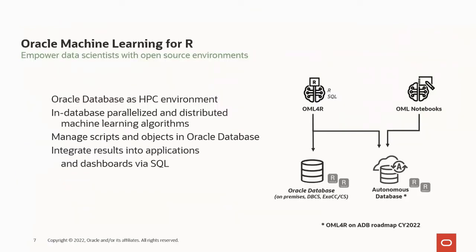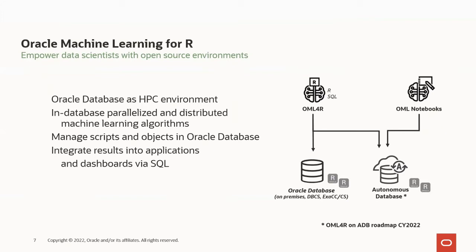Oracle Machine Learning empowers data scientists and other data professionals with open source R by leveraging the database as a high-performance computing environment. Database tables and views are accessed through R data.frame proxy objects with overloaded functionality that produces SQL transparently behind the scenes. The in-database parallelized machine learning algorithms are also exposed through a well-integrated R API.